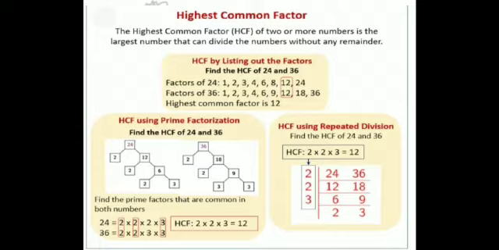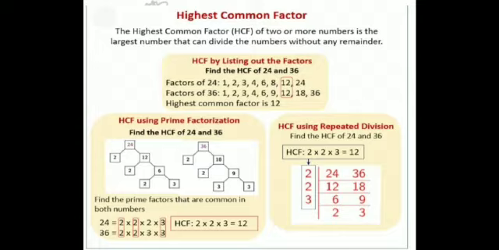So just look at the screen. Here we can see the common factors of 24 and 36 are 1, 2, 3, 4, 6 and 12, and 12 is the biggest one. So the highest common factor of 24 and 36 is 12.